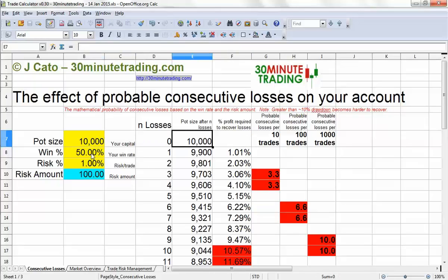This says that if you've got 10,000 in your pot, these are the probabilities that in 10 trades you're going to get a number of consecutive trades that go against you. On that 50/50 basis, you're going to get 3.3 trades go against you in a row, so that means either 3 or 4. Let's say it's 4.